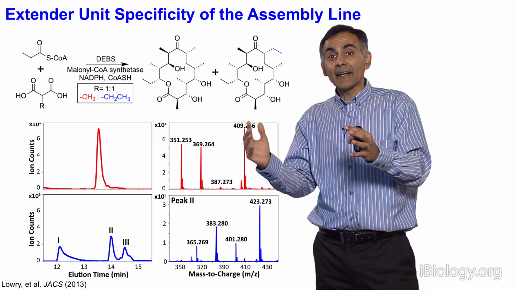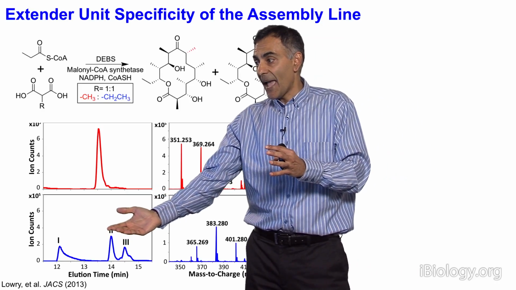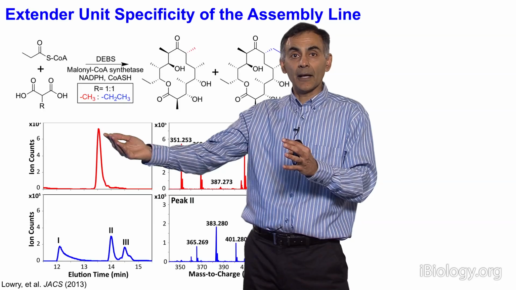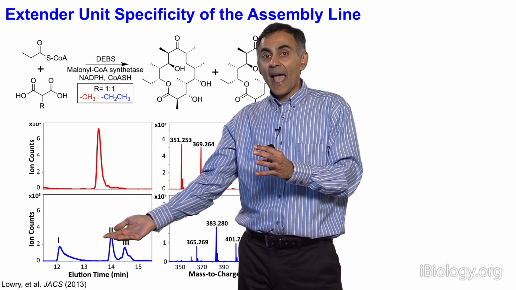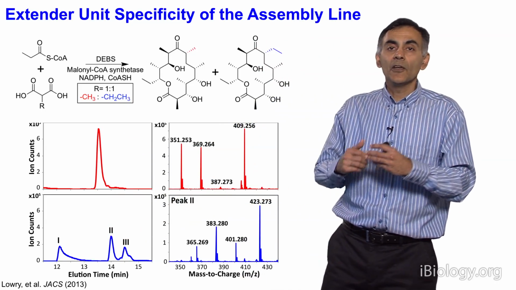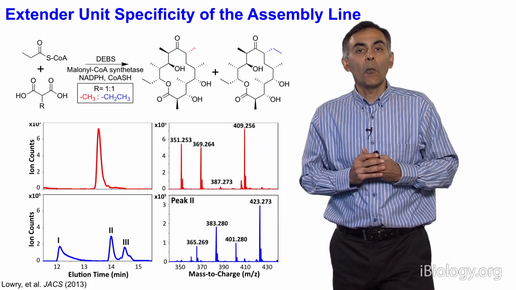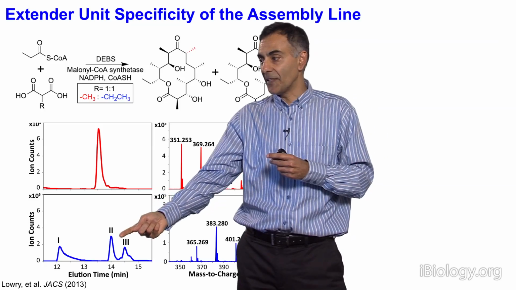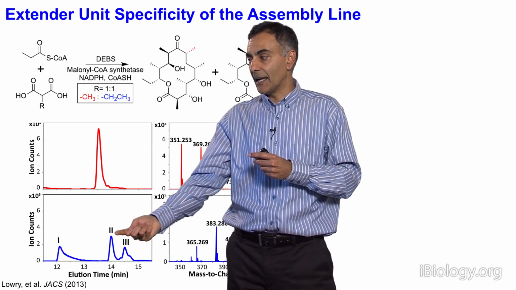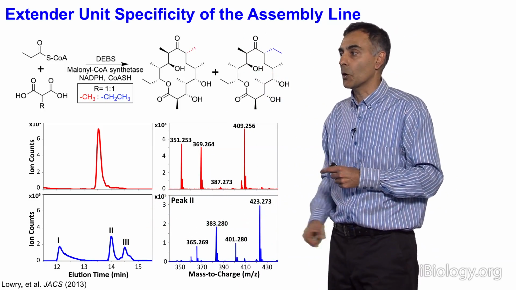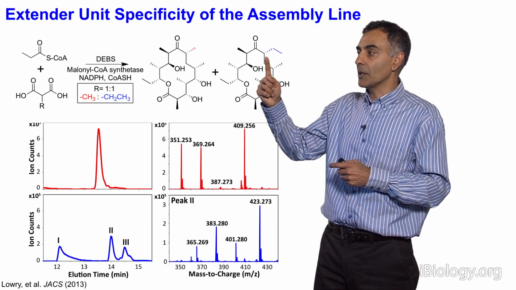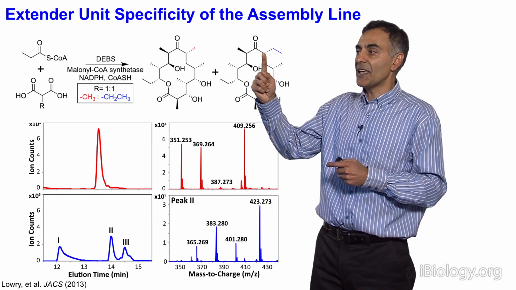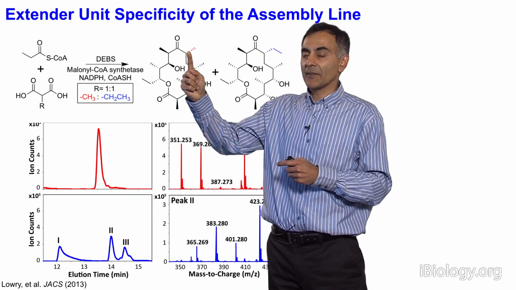And the answer is you get some analogs that are produced competitively with the natural product, 6-DEB. But it isn't immediately obvious why some of these compounds should be formed and other ones shouldn't. At least one of these, for example this peak that I show you out here, whose mass spectrum is shown over here, we know with reasonable confidence has an ethyl group incorporated at the C8 position instead of a methyl group.